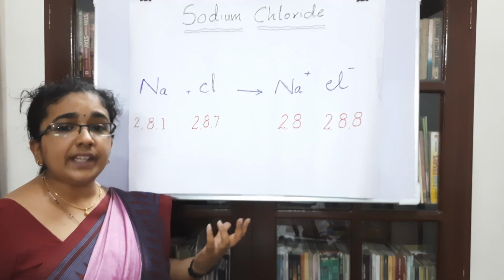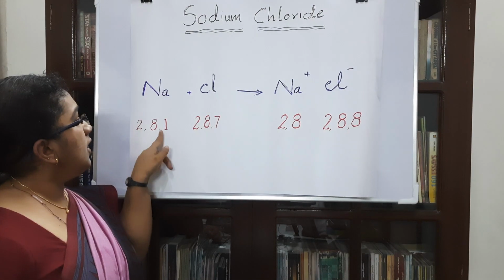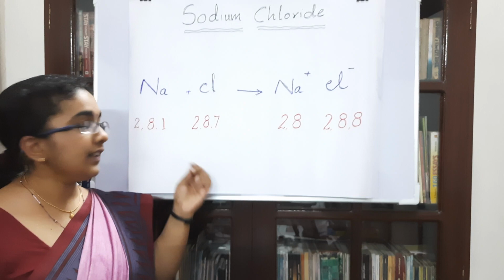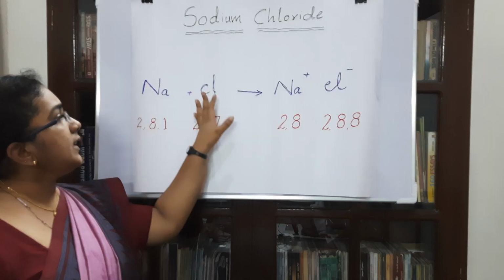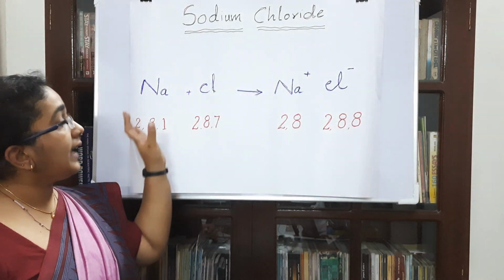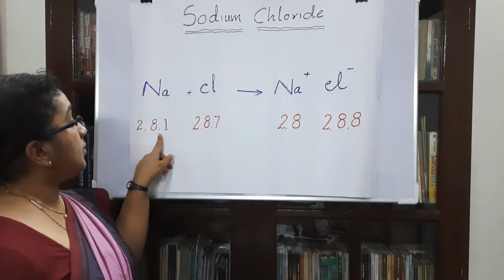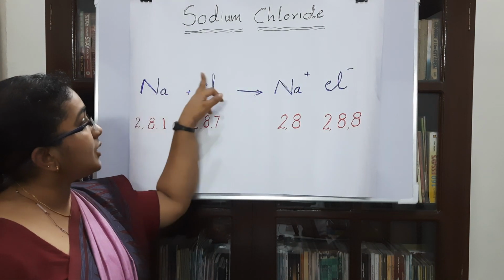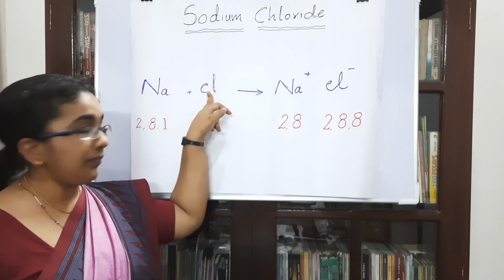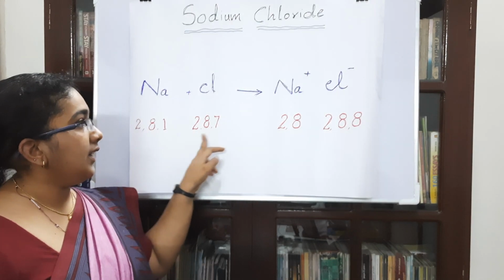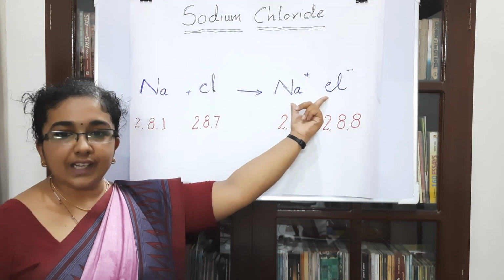What does this mean? Both are not stable, right? So the easy way of attaining stability is that one electron from the sodium atom can be transferred to the chlorine atom. So both will attain an octet, which can be represented like this.